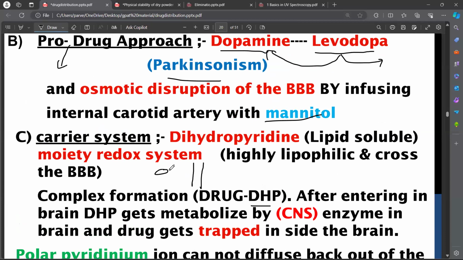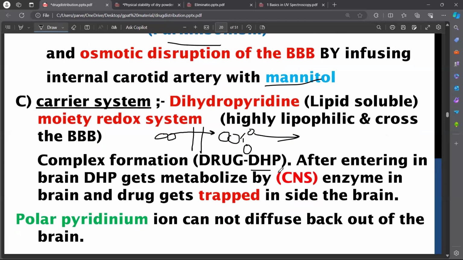Here the drug and the dihydropyridine form a complex. This complex penetrates the blood-brain barrier. Inside the brain, this complex cleaves, and the drug shows its action in the brain. The polar pyridinium which is formed cannot diffuse back.